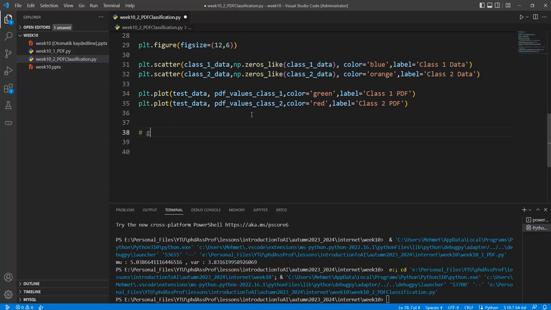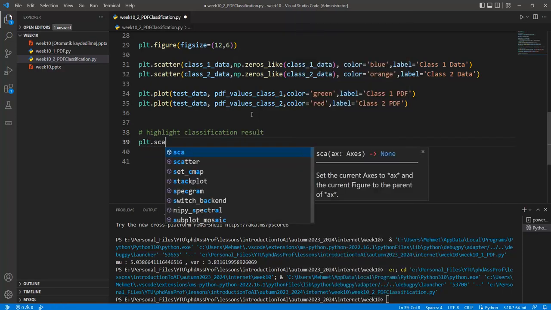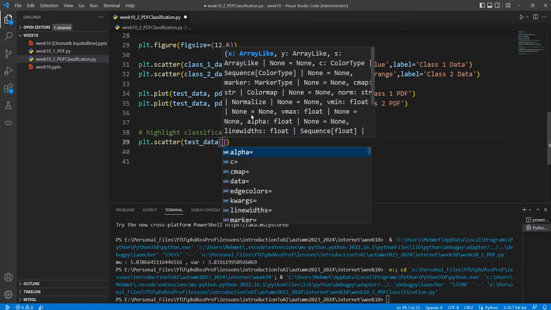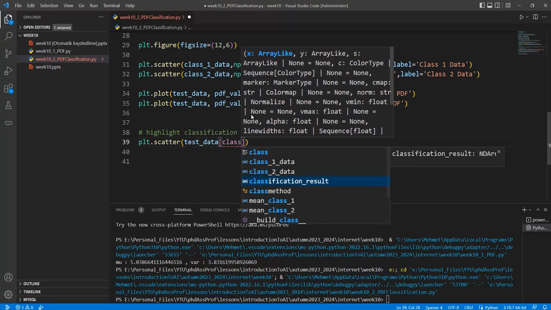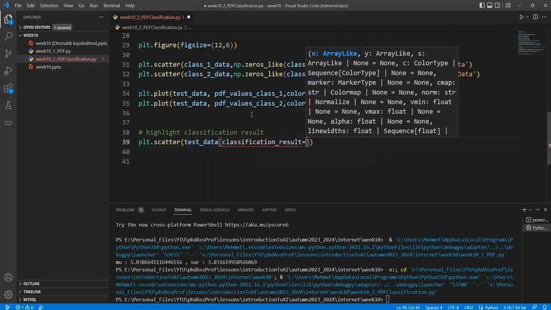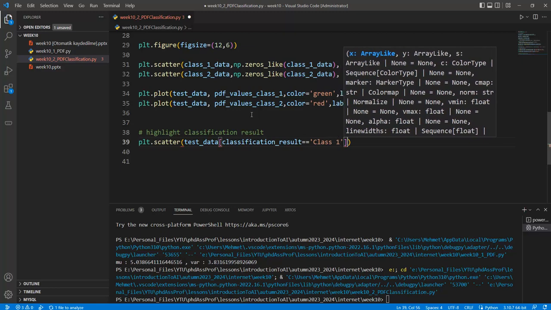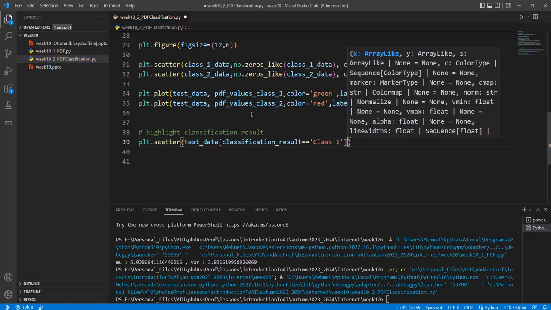So, highlight the classification results on this plot. plt.scatter should be given in here like this one: test data where the classification results equal class 1, right? This returns true for this condition, and test data returns these values in here.